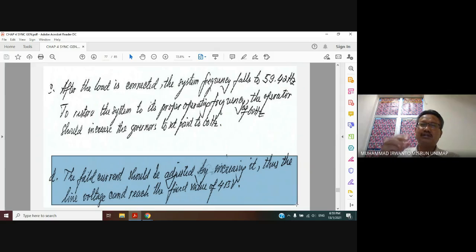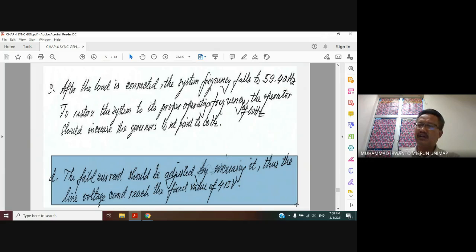And then what will be done if the terminal voltage is dropped to 400 volt? So the operator should increase the field current. To increase the field current, we can adjust the rheostat if it is manual. We decrease the rheostat resistance, so the current can increase.